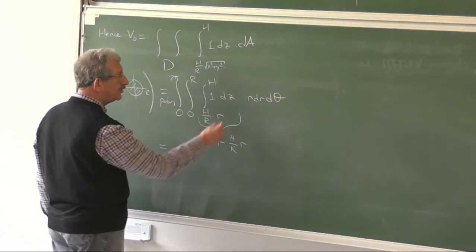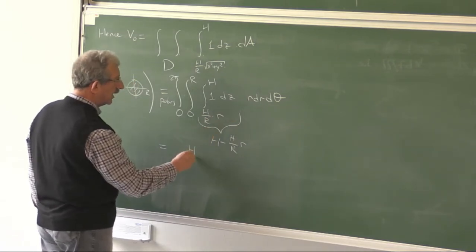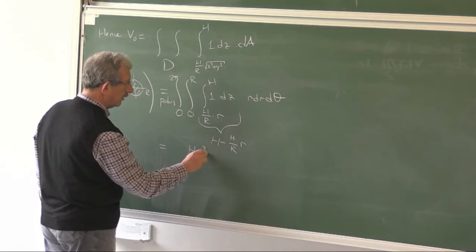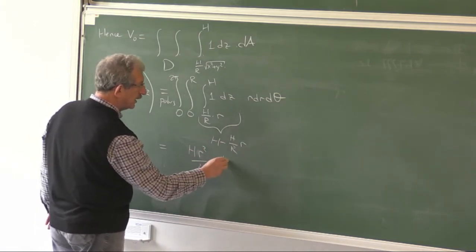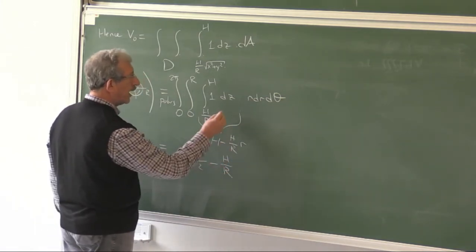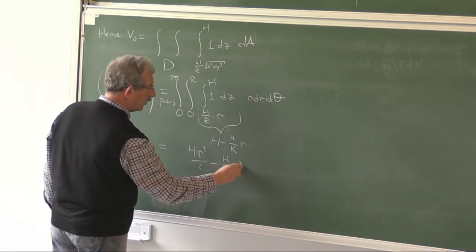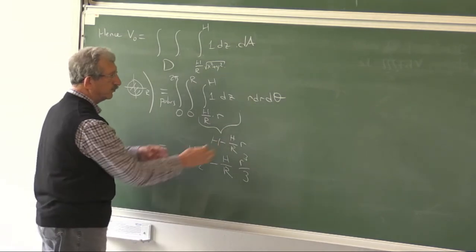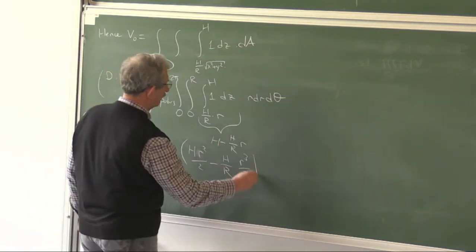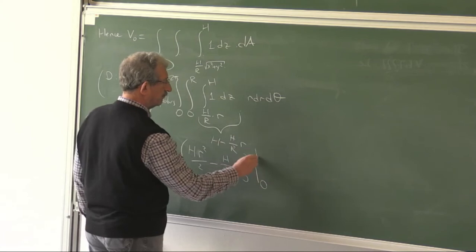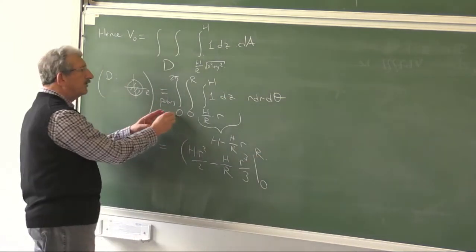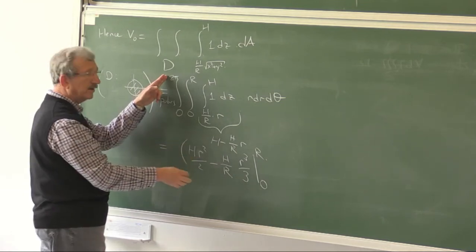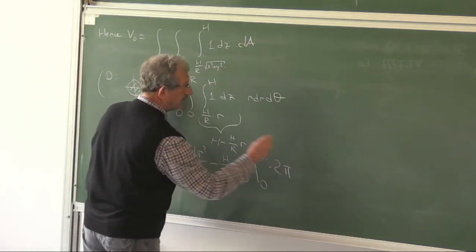Then you have h r squared over 2 minus h over r times r cubed over 3. I'm integrating this from 0 to r. And then I will integrate 0 to 2 pi d theta, but there's no theta here, so it's just 2 pi.